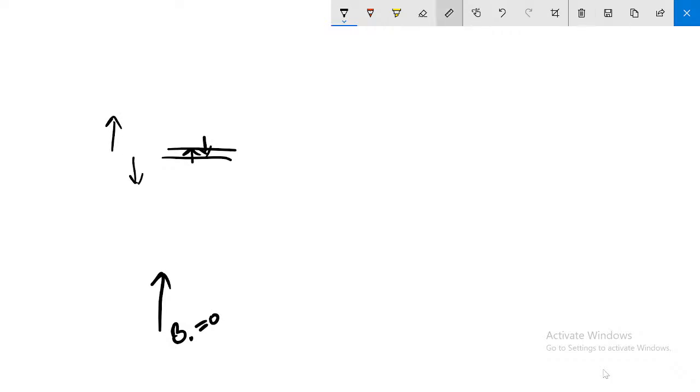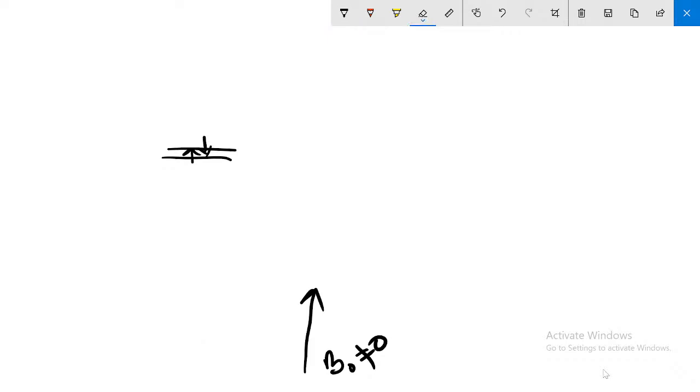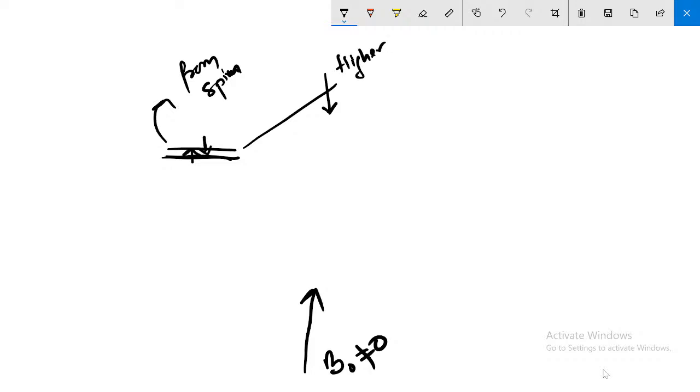But when a magnetic field is applied in a particular direction, say this, the orientation of these two magnetic fields from spin will not have the same energy, because the one in the direction opposite to the applied field will be of higher energy, and the one in the direction of the applied field will be in lower energy.